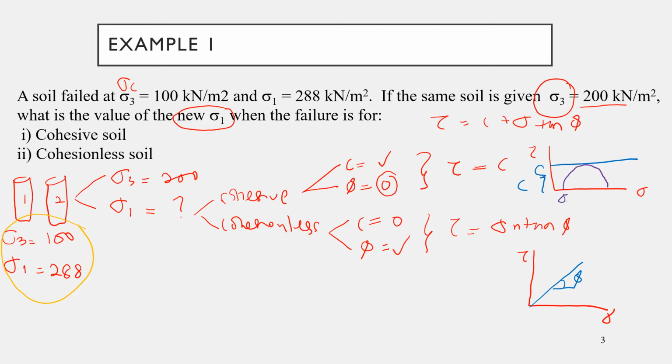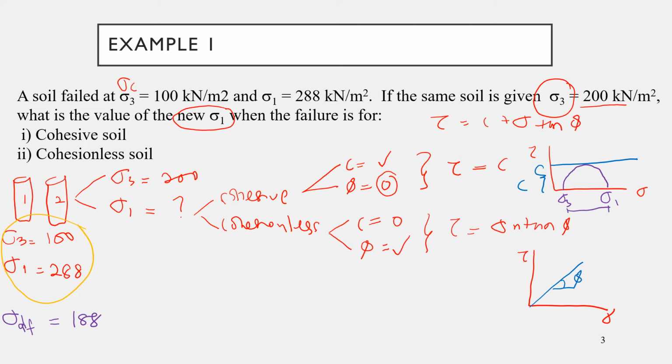So this is your sigma 3 and this is your sigma 1, right? So your deviator stress at failure will be the difference between sigma 1 and sigma 3, which is 288 minus 100. That is the difference between the two principal stresses.